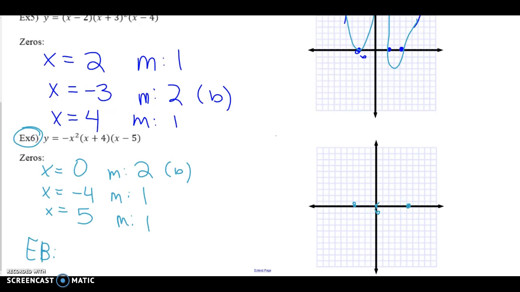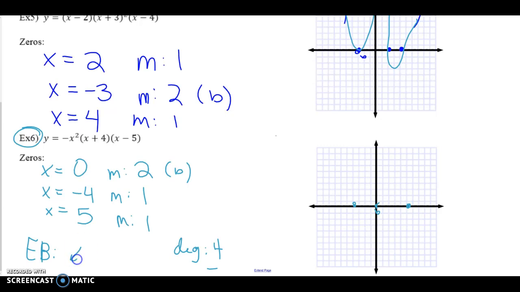Ethan, what's our end behavior going to be? What's our degree of our function? Yep, so our degree is 4. So we know it's going to be in the same direction. Is it positive or negative? Negative. So it's going to be up, up, or down, down?